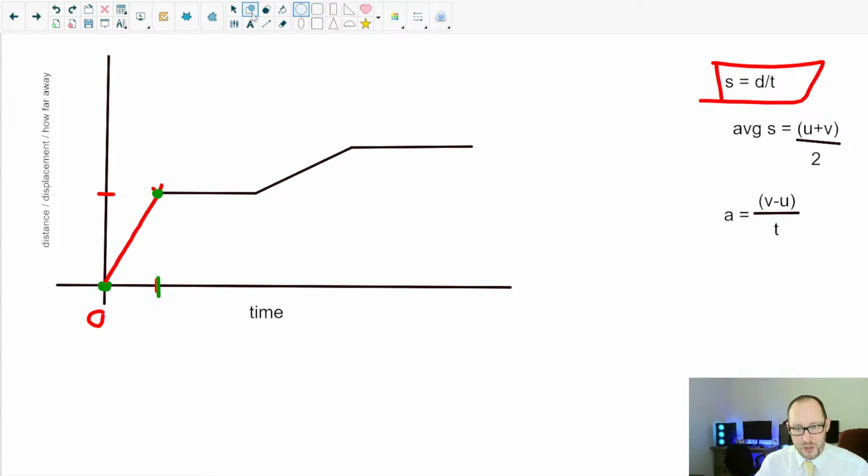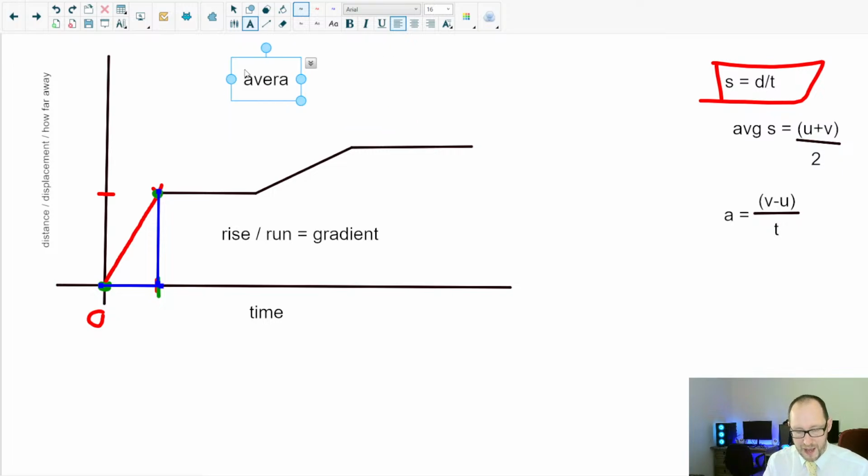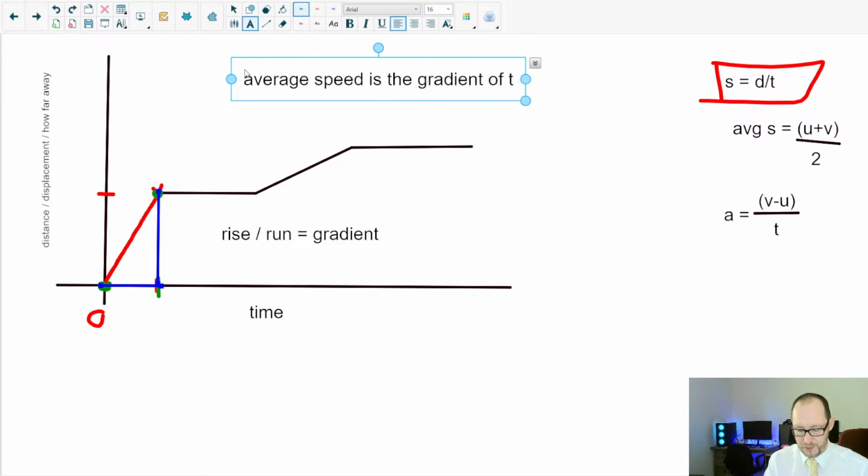Now, the savvy amongst you who love maths, and that is all of us, let's be honest, will understand that if I do the change of distance here, which would be the y-axis value, divided by the change in the time, which is the x-axis value, I would be accidentally doing the rise divided by the run of this graph, which is the gradient. Okay, so if you're good at calculating gradients, you can just go up gradient of the graph. That's the average speed. So for this one, the average speed is the gradient of the graph.